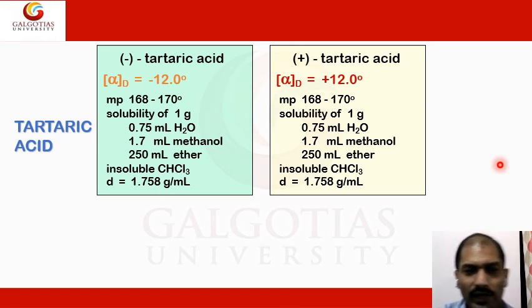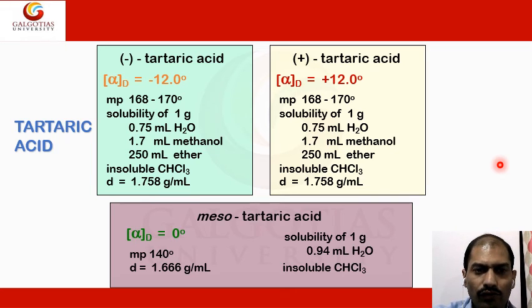There are many more examples like tartaric acid. From here you can see meso tartaric acid. Because the meso form has equal proportions of plus and minus, the net specific rotation is cancelled out. Here you can see their properties like solubility, density, melting point, and that it is insoluble in methanol.